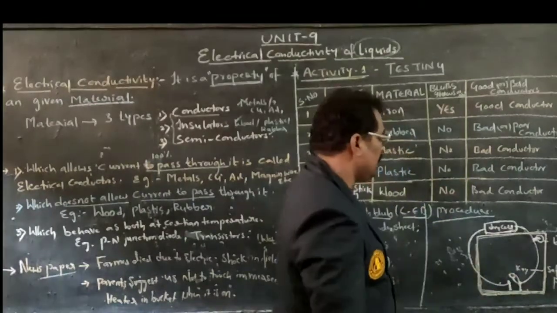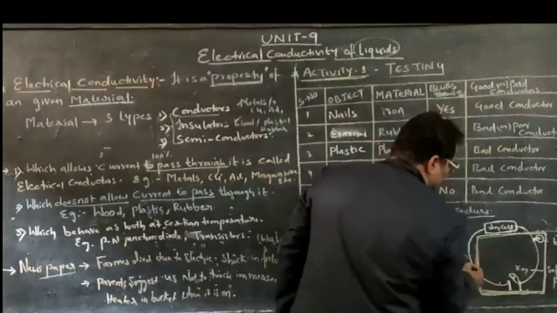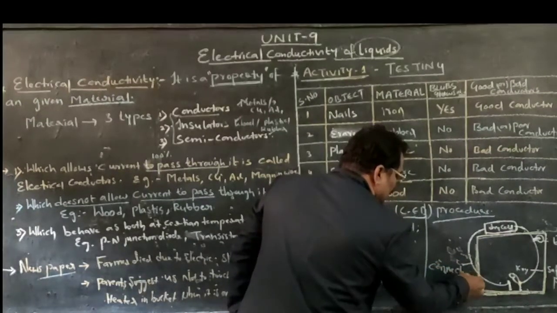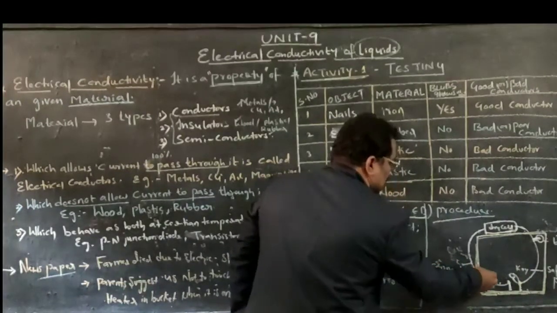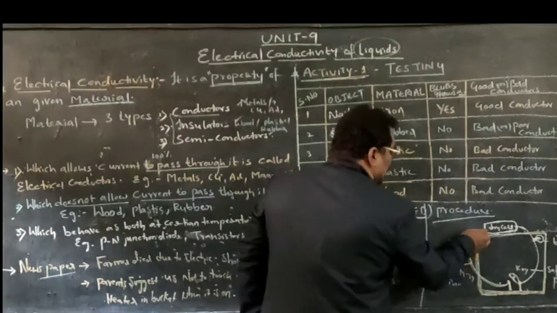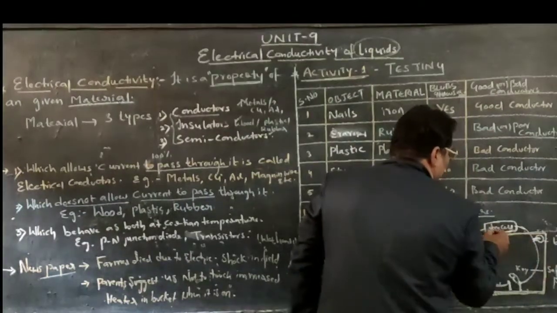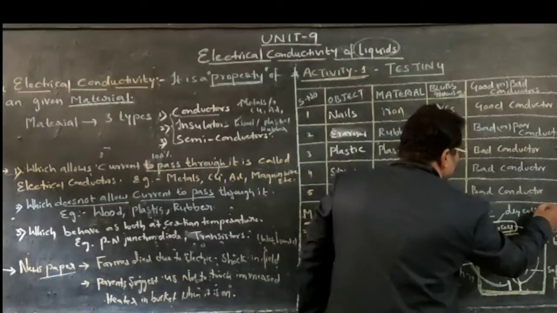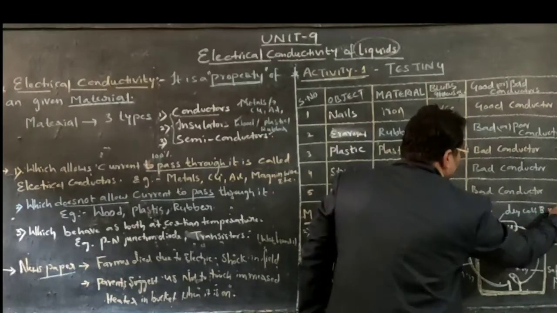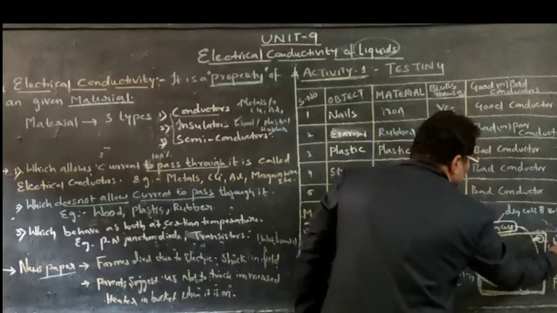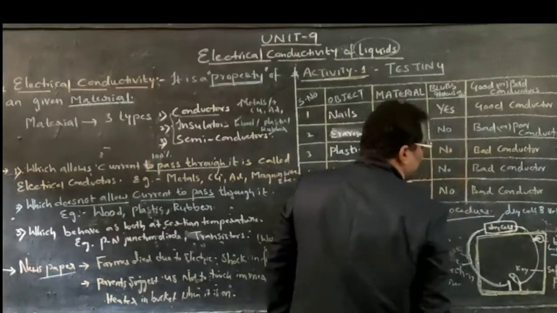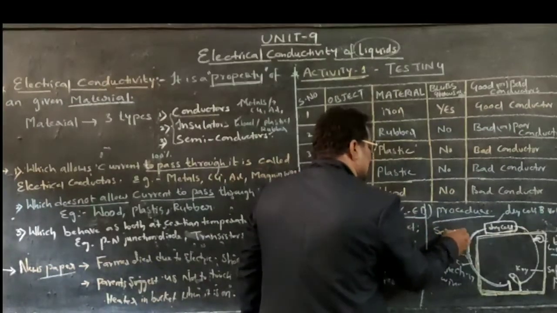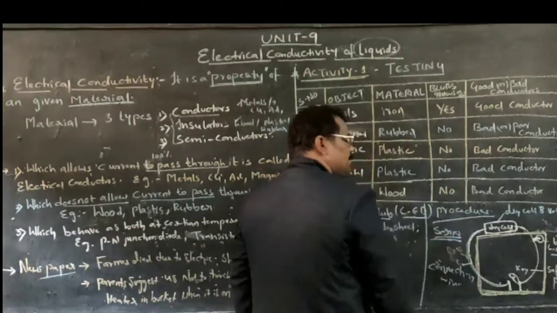Then by means of connecting wires, I have taken 2 different wires, connecting to a dry cell of 3 volt battery as well as the LED bulb, the light emitting bulb. In what connection? Series connection I have connected.